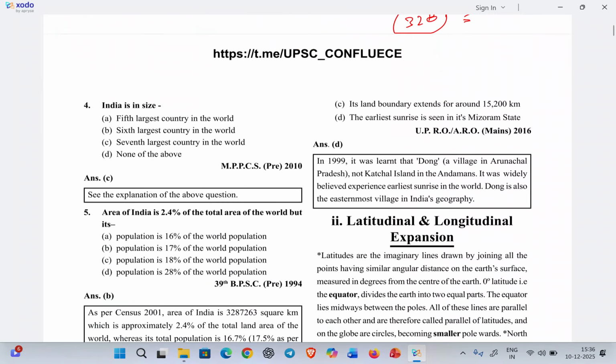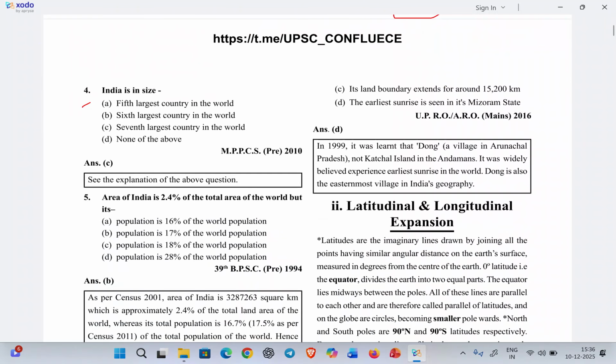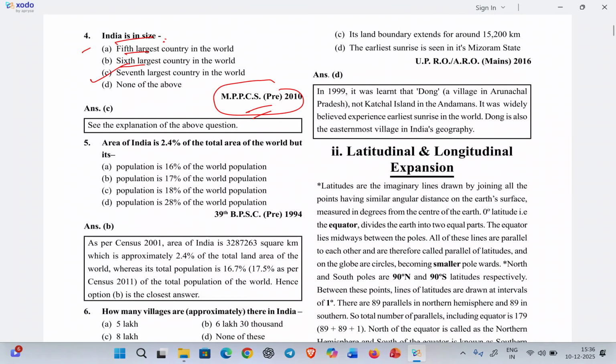Okay, now see, there is another question which has been asked in MPPCS 2010. India is in size 5th largest, 6th largest, 7th largest. Such easy questions were asked in 2010.